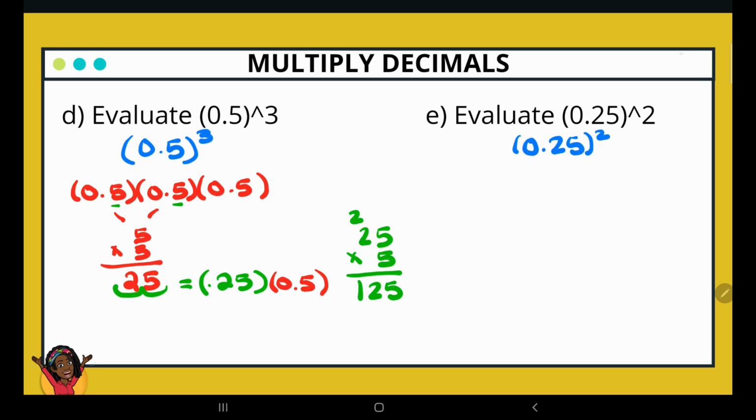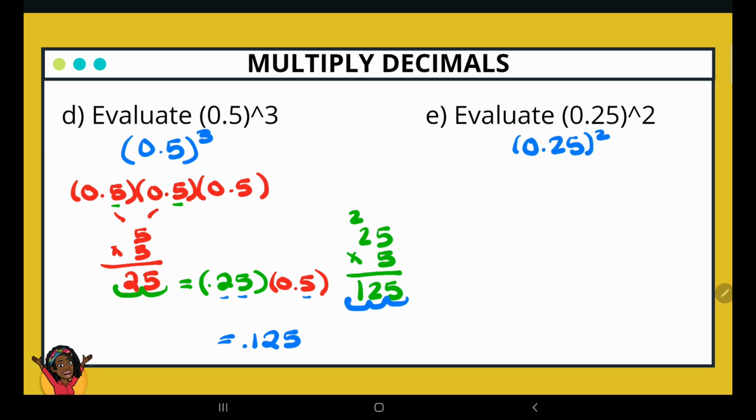Now let's go back to our problem and see how many decimal places we have. We have 1, 2 in the first number, and then there's a third one in the second number. So I'm going to move 1, 2, 3 places for a final answer of 0.125. So the product of 0.5 times 0.5 times 0.5, or 0.5 to the third power, is 0.125.